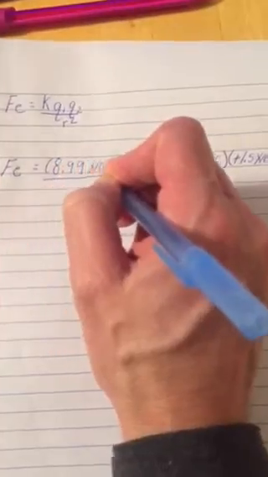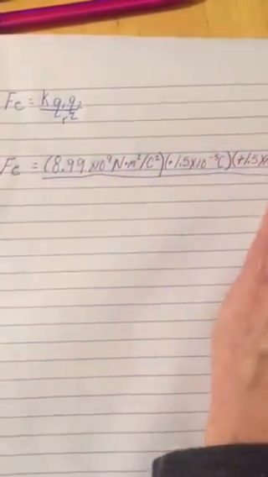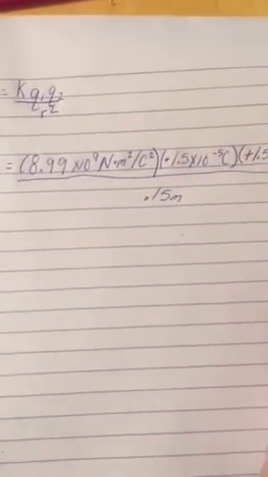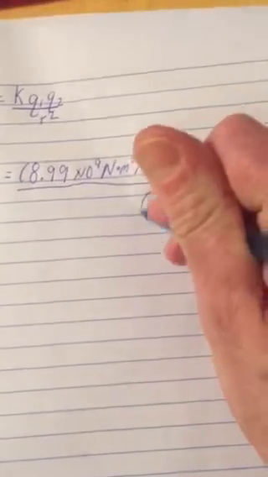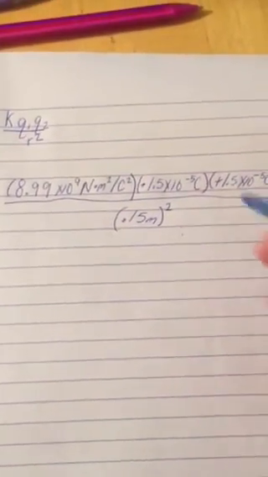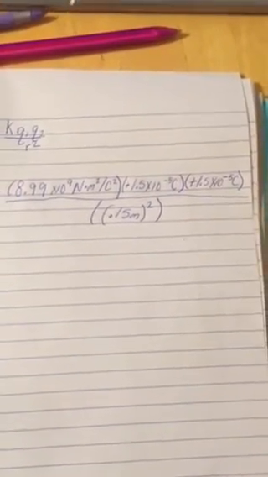So we divide all that by the distance between them, and as given in the problem, that's 0.15 meters. And so that's going to be squared. So I like to use parentheses for that. And then almost as a little reminder, I put parentheses on the outside because when I plug this into the calculator, I like to use double parentheses so it turns out the right answer.